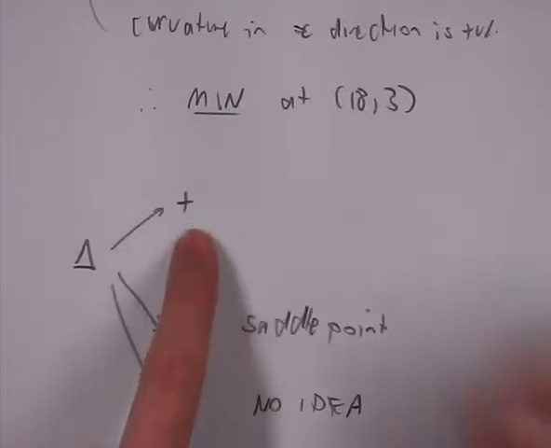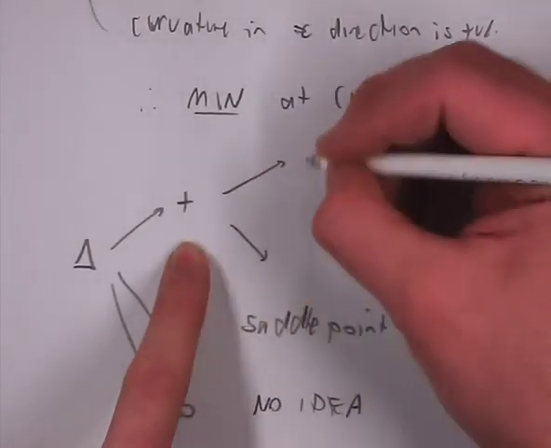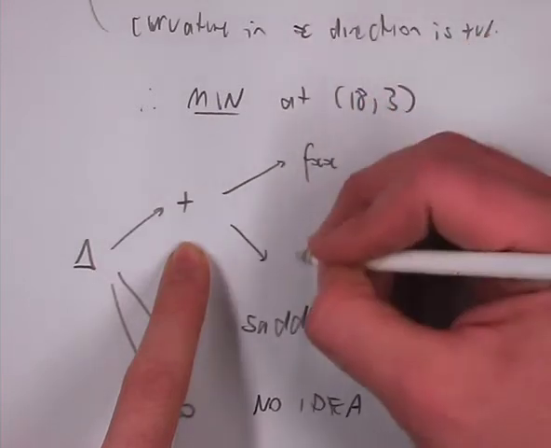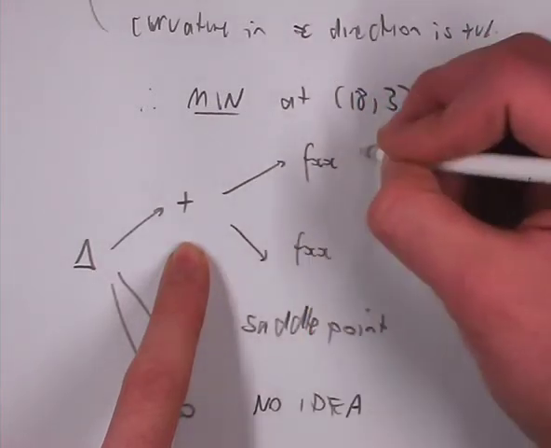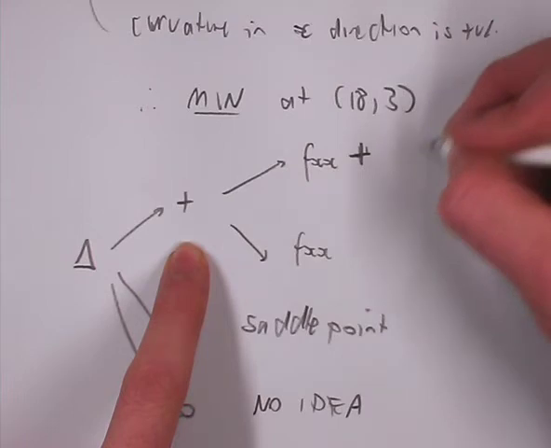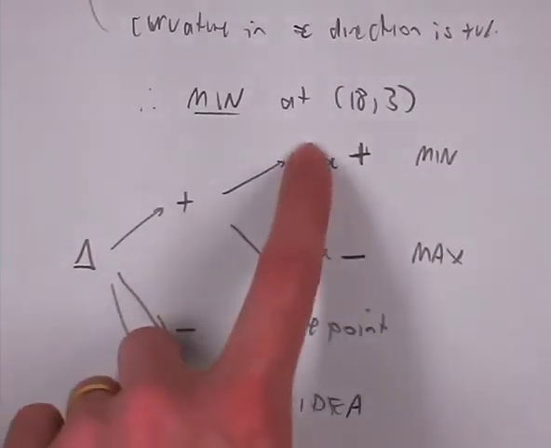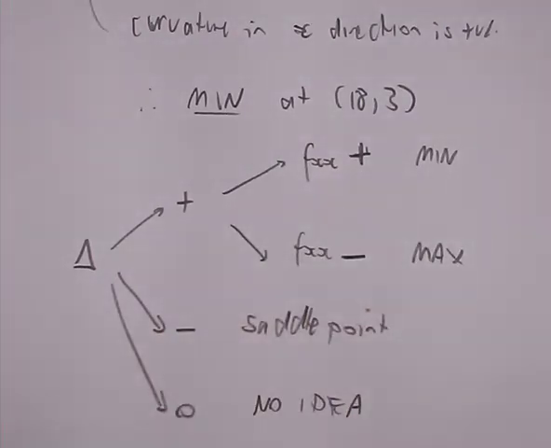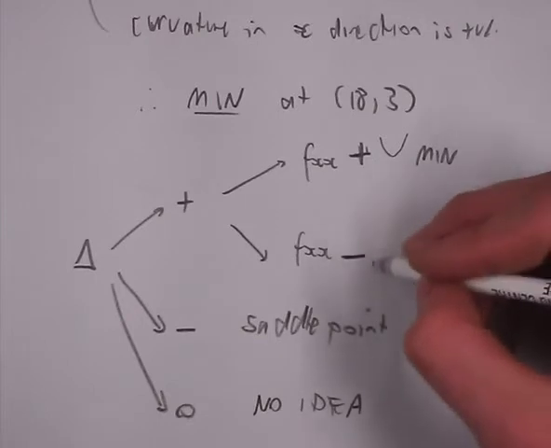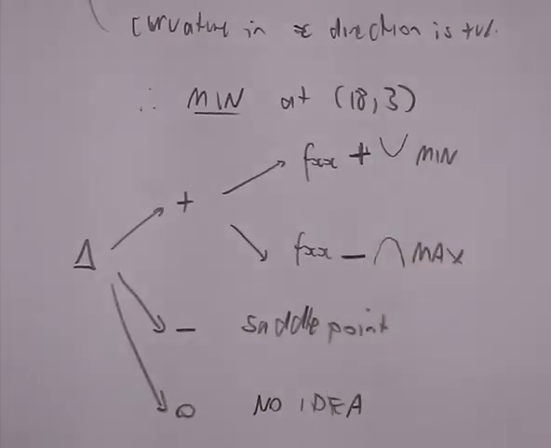If it comes out as positive, then there's still two options. You look at fxx or possibly fyy. If it comes out as positive, then in the x direction it's curving up like that, so it must be a minimum. And if it comes out as negative in the x direction, it's curving down like that, so it must be a maximum.